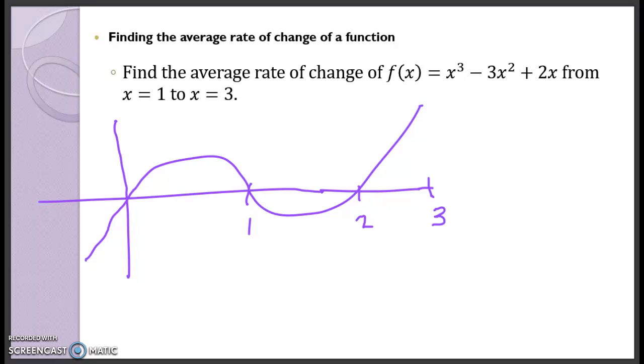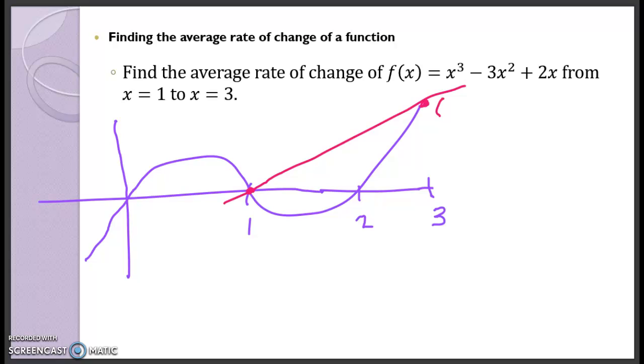But so if we want to find the average rate of change of this function from x equals 1 to 3, what we need to do is find the secant line, or the slope of the secant line, between those 2 points.